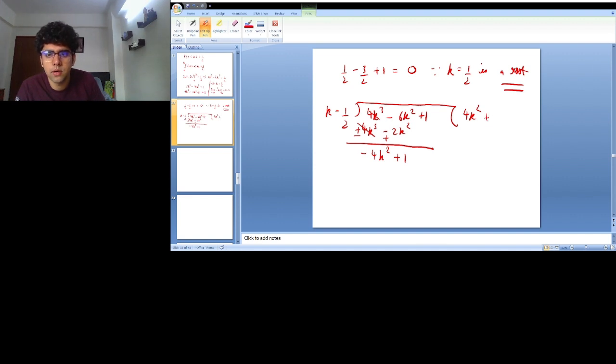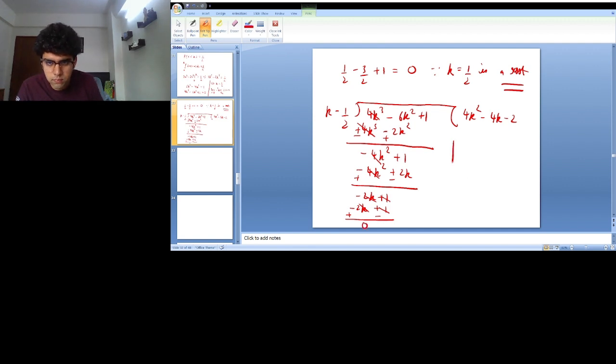Then multiplying by minus 4k, this gives me minus 4k square plus 2k, and so this gives me minus 2k plus 1. Multiplying with negative 2 gives me minus 2k plus 1, and again we get 0.